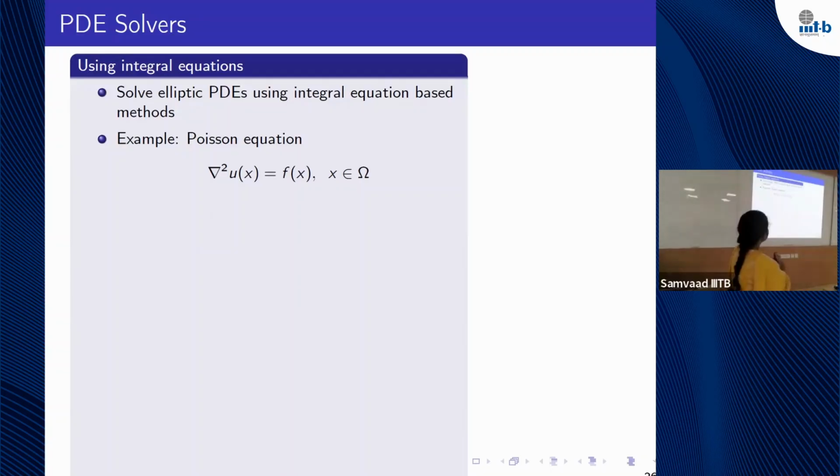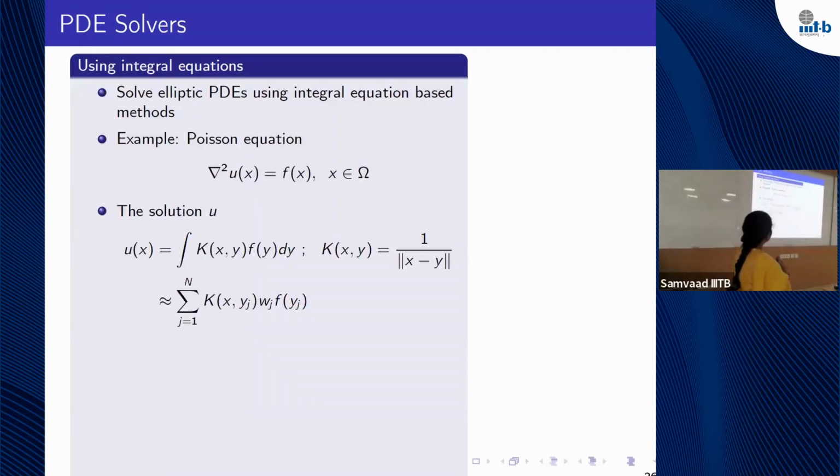And the equation that's given is del square u is f, where x belongs to some domain. So this is a Poisson equation problem. And one way of solving it is expressing u as an integral of k(x, y). For every partial differential equation, there exists something called a Green's function, defined as k. And the Green's function for this particular Poisson equation is 1 over norm x minus y.